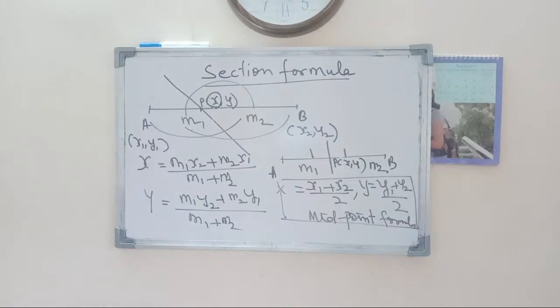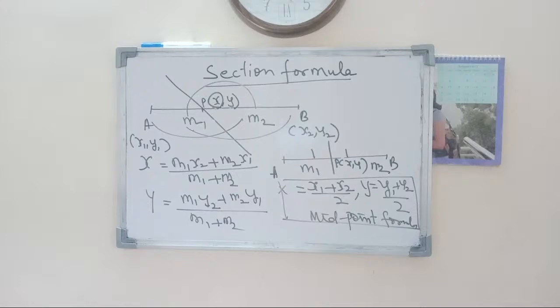Let AB be a line segment such that A is x1 y1 and B is x2 y2, intersected by the line at point P x comma y in the ratio m1 and m2.